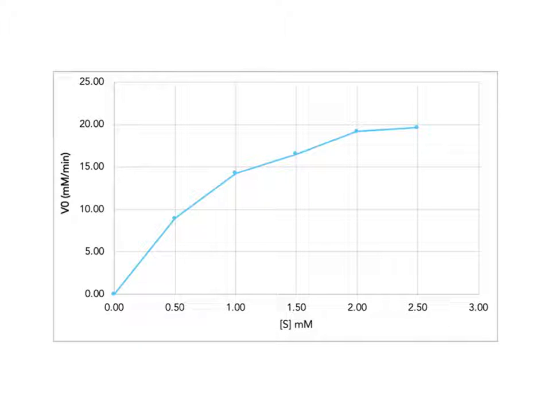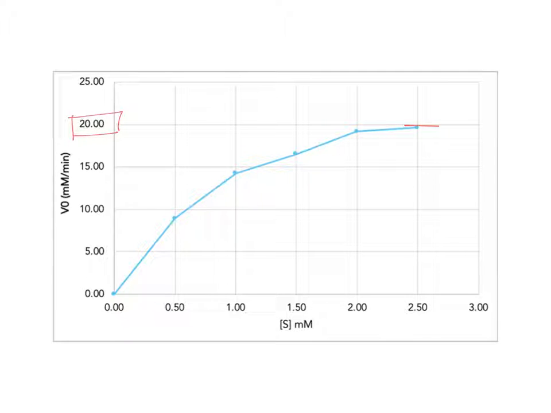This is the curve that I would get if I plot that data, and you can see that the Vmax approaches 20 millimolar per minute. So it's around here, right? We actually never reach Vmax, but it approaches 20 millimolar per minute.